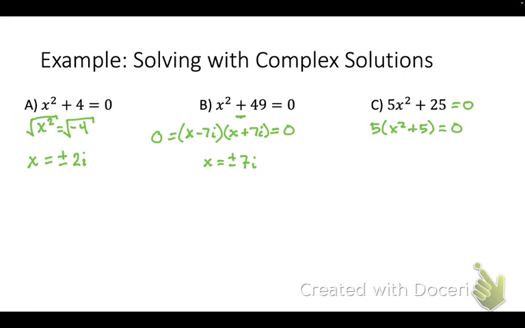So it's set them equal to what? 0. Does 0 equal 5? No. So what do I do with x squared plus 5 equals 0? Subtract the 5. And then take the square root. So you have to remember what? Plus or minus.